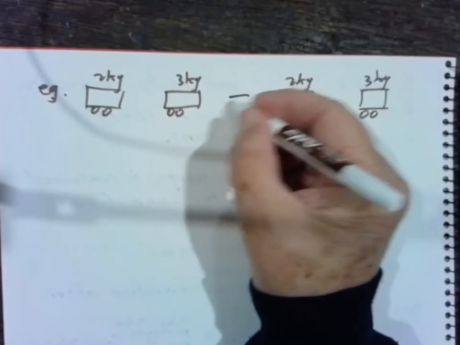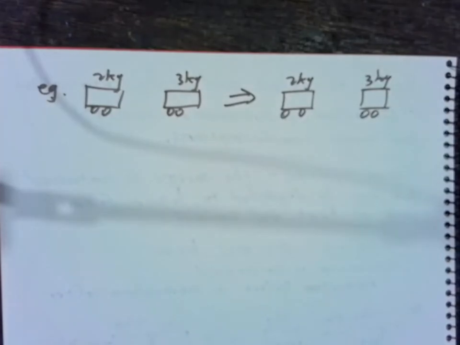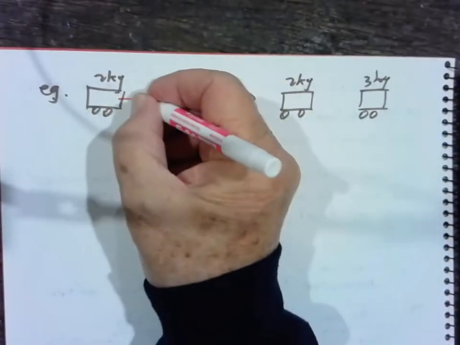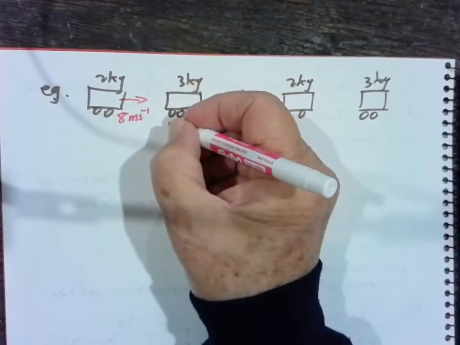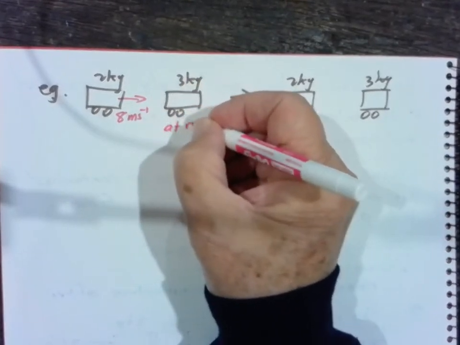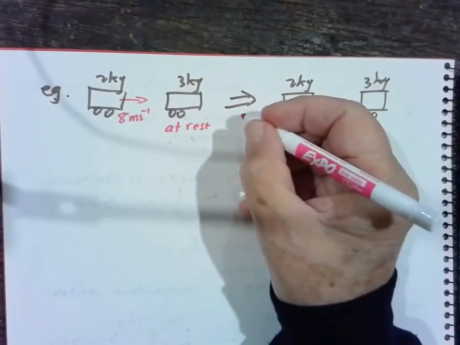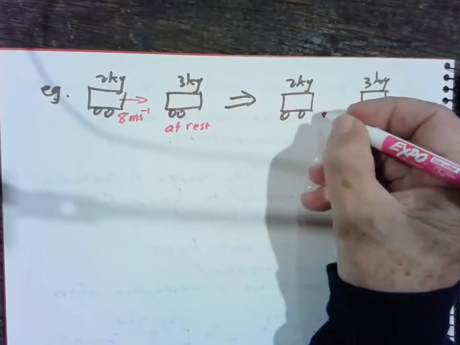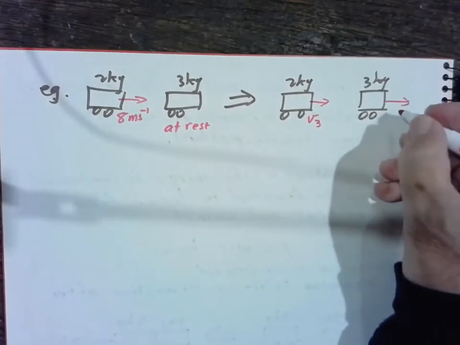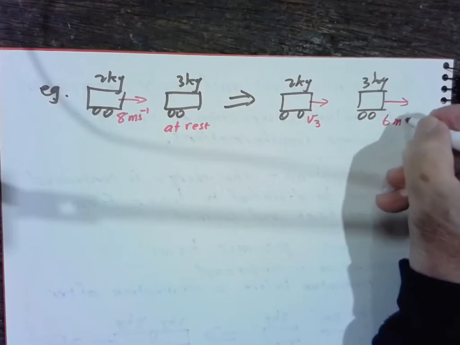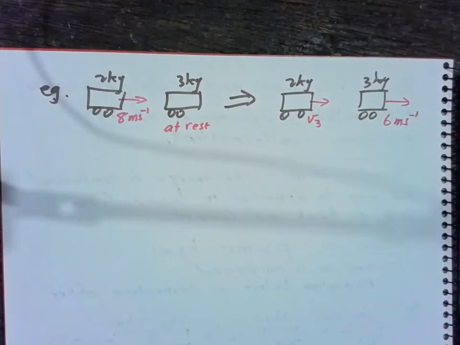Now let's put some rules in. And the second one is at rest. The third one has an unknown velocity v3, and the 3 kilogram this time is going off at 6 m s to the minus 1. And the question of course is, what happens? Let's do it all again.